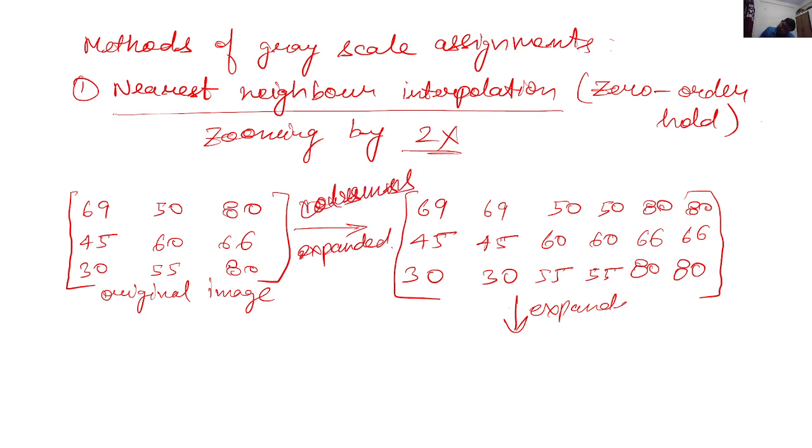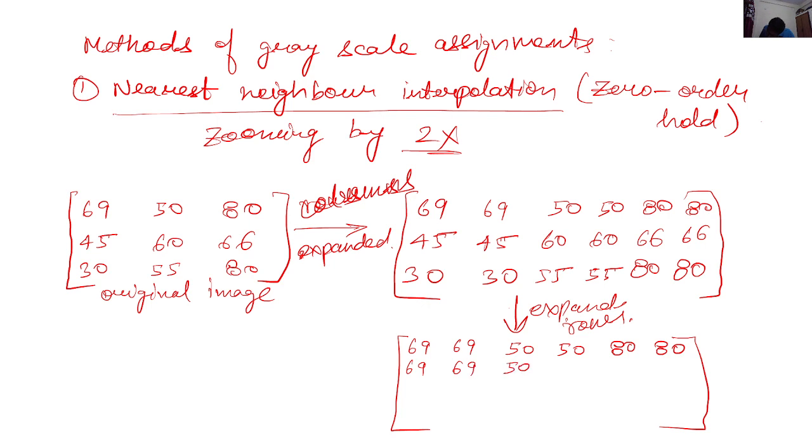Now expand rows. What do we do in that case? It's very straightforward. We will duplicate it along the rows this time. The first row originally was 69, 69, 50, 50, 80, 80. We will just duplicate this row: 69, 69, 50, 50, 80, 80. Now the second row was 45, 45, 60, 60, 66, 66.